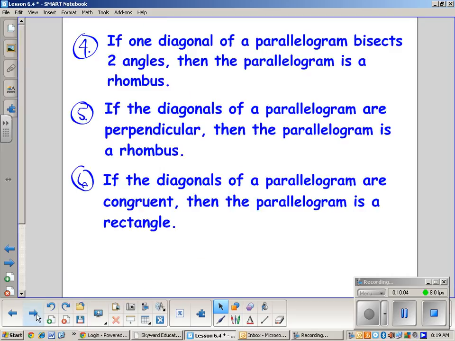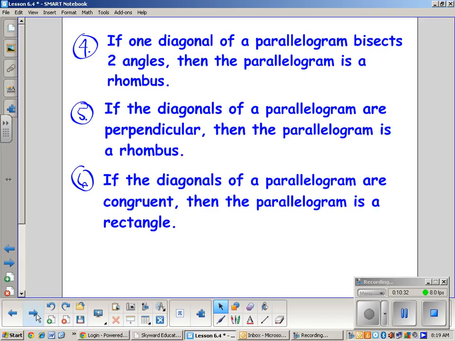All right, now we have three other theorems here that look very similar to the ones we just had. It says if one diagonal of a parallelogram bisects two angles, then the parallelogram is a rhombus.